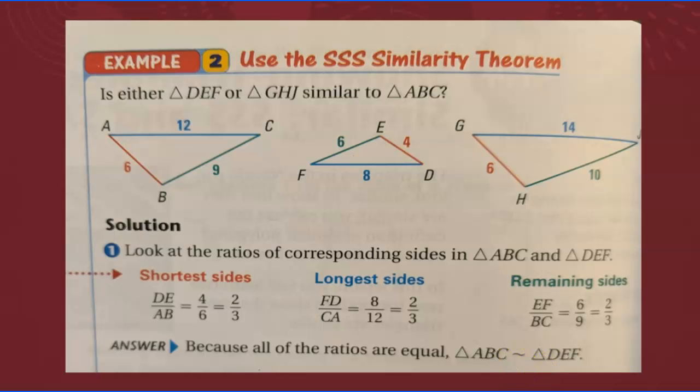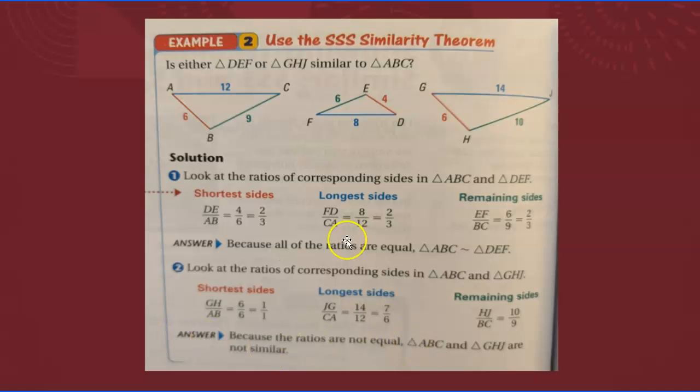So let's look at the next one. And I want to compare ABC with the larger triangle. So I find my shortest sides first. So over here, that's going to be GH over AB. So I'm going to have 6 over 6. That comes out to 1. Then I'm going to find my longest sides, which is going to be 14 over 12.